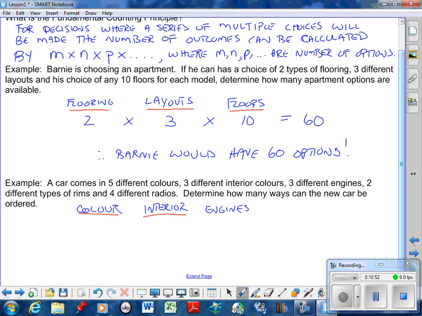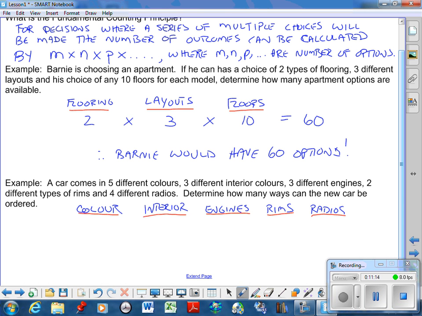And if you're thinking about it in terms of a tree diagram, this is getting kind of massive. 2 types of rims. So the fundamental counting principle, and the reason I'm using the headings, I'm giving you a way to organize your thoughts. Okay, and the radios. All right, so those are the options available.